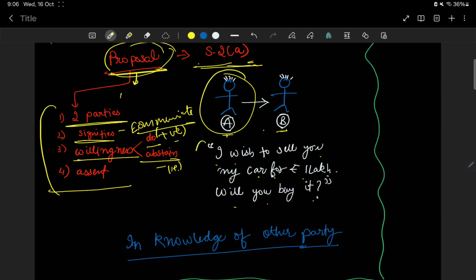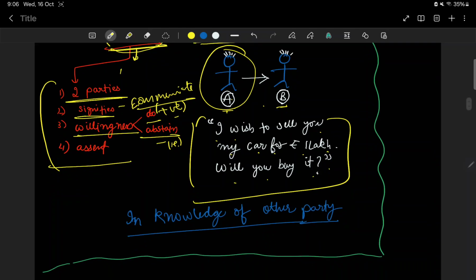This is how he is making a proposal. He is signifying his willingness to do or abstain from doing something with a view to obtain the assent of the other. That means कि जब A B को बोल रहा है कि I want to sell you my car, he is telling this because he wants the assent of the other.